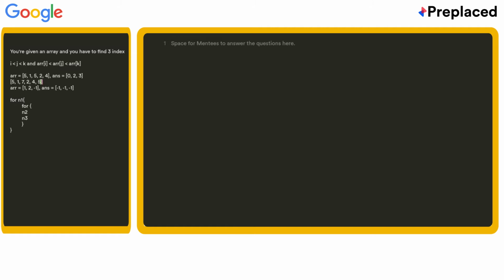Okay, so it gets seven. So seven is assigned to n2, and next it sees two. If two is smaller than seven, it will select two. Then it comes to four. Four is greater than one and two, so it is selected, and we can return this answer.